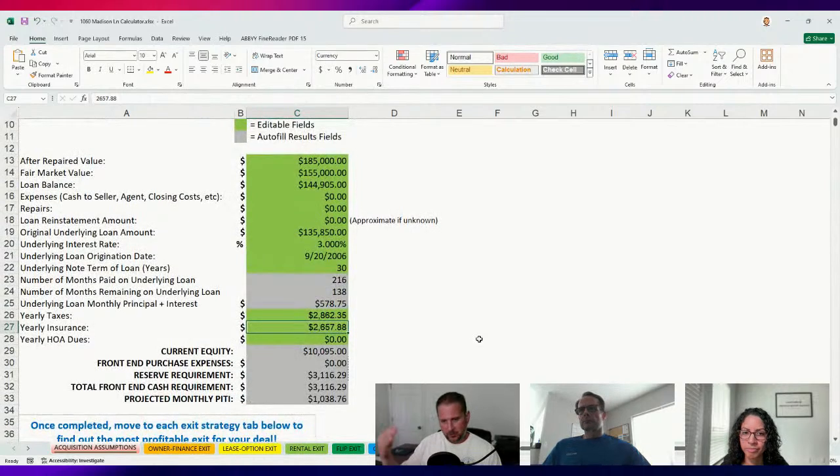If we look at our acquisition assumptions here, right off the bat we only have about 10K in equity. So I think this is a really good time to talk about the equity part of this. I don't necessarily care about equity all that much. It's a fantastic bonus if you can get it.